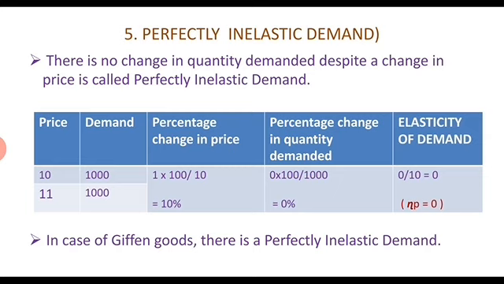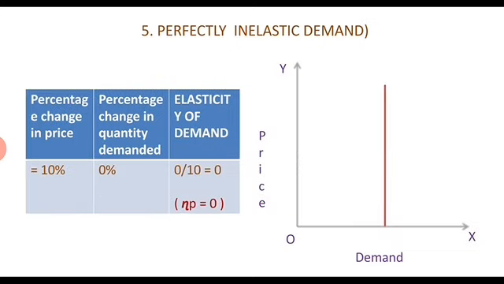In the case of given goods, there is a perfectly inelastic demand. In this diagram, DD is the demand curve. At the beginning, price is OP, demand is OM. Price increases from OP to OP1.